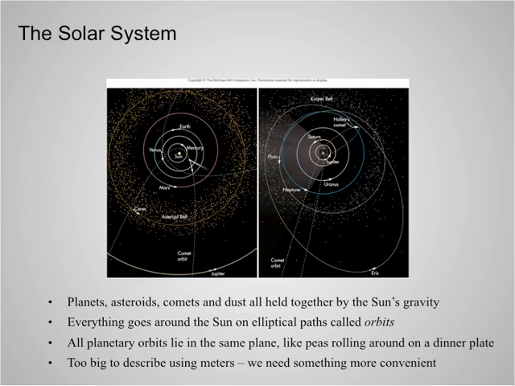In addition to planets and dwarf planets, we also have asteroids, comets, and other such objects that orbit the Sun. Some things follow highly elliptical paths, and other things look a little bit more circular, although nothing is a perfect circle.